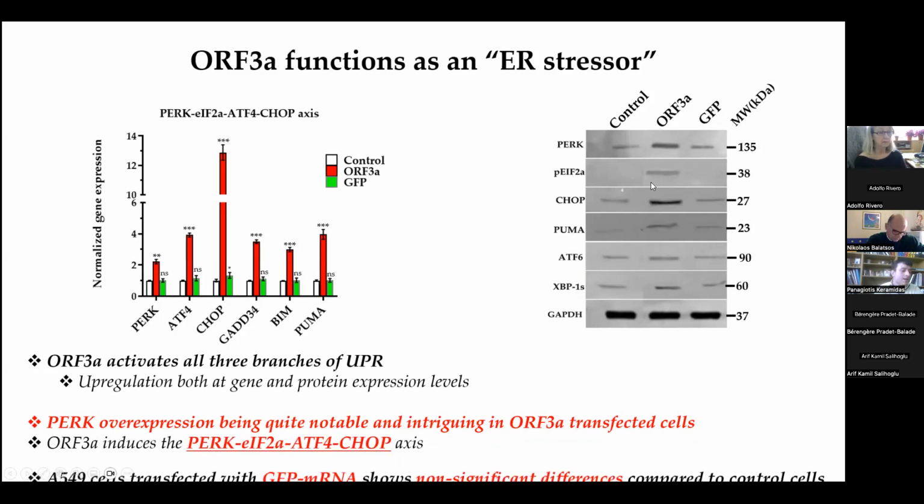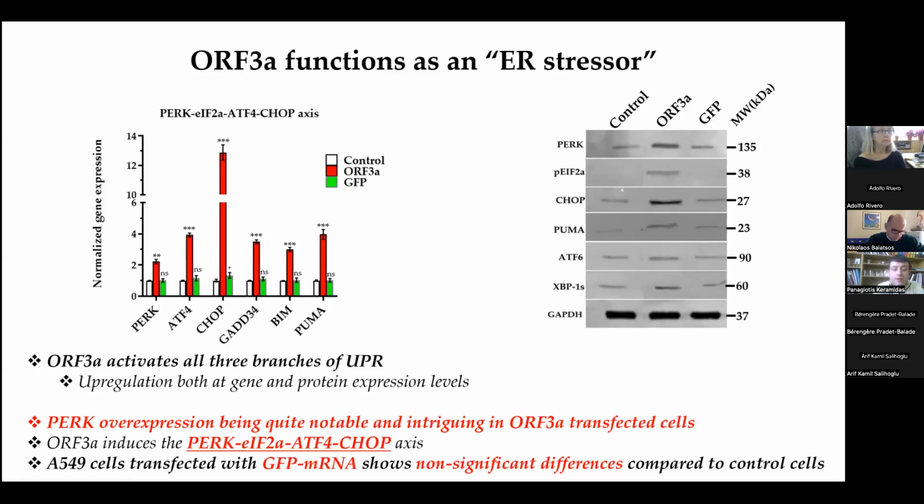I should highlight that GFP was also used in order to exclude possible artifacts that could be introduced during the mRNA transfection, and to show that all these observations are not due to the mRNA transfection, because there was the probability that the lipid or the buffers used could be potential ER stressors.